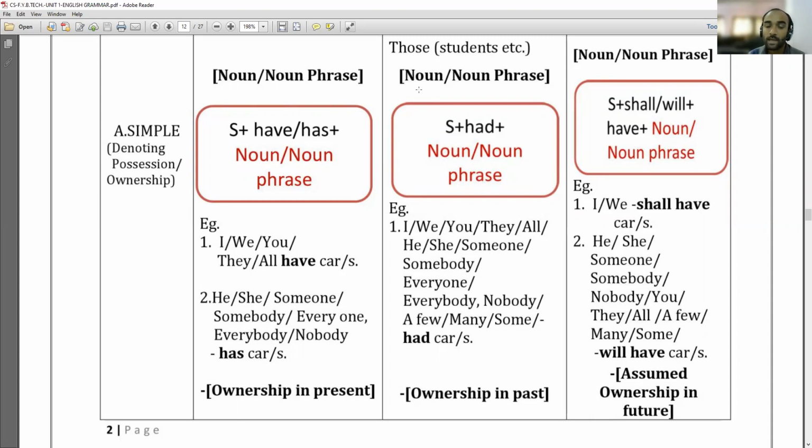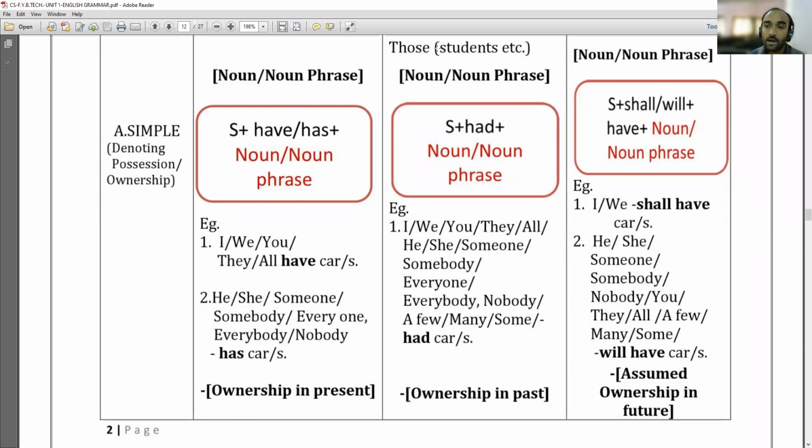Okay, so have and has, there is a difference between them. So for plural subjects except I, we use have, and for all the singular subjects we have to use has.